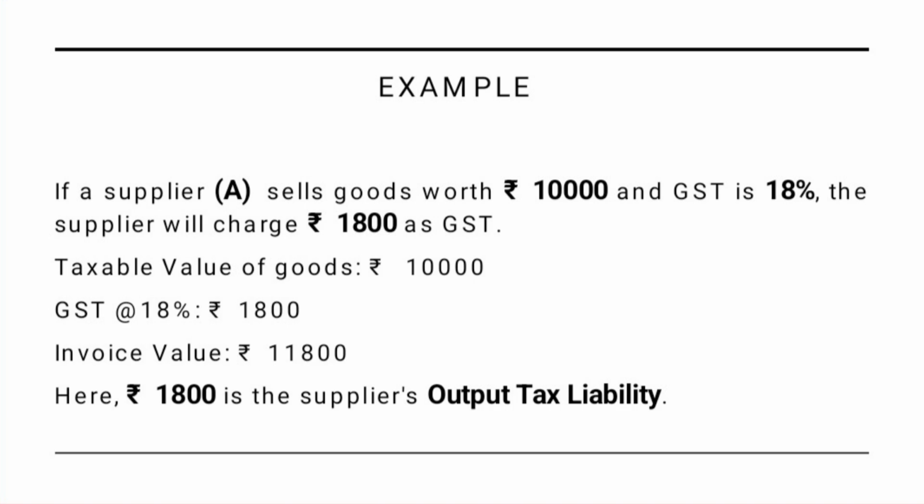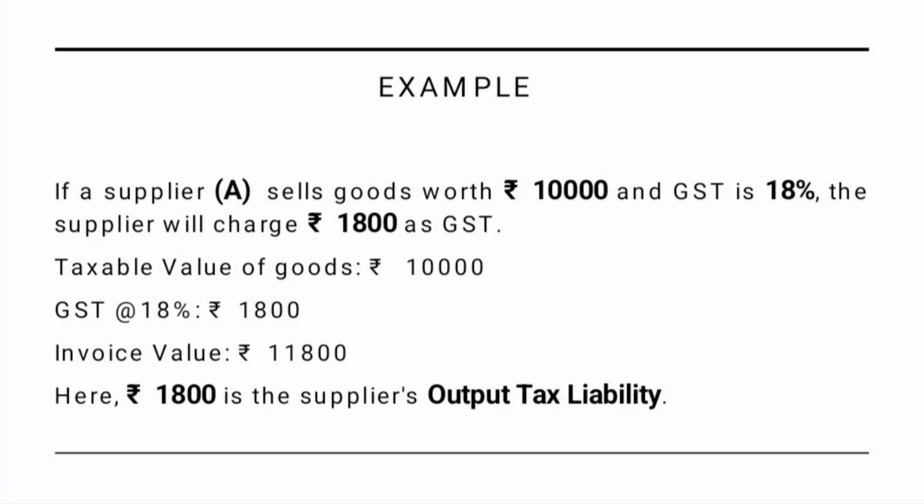Supplier A sells the goods to the recipient worth 10,000, which is the taxable value, and GST is 18%. The supplier will charge 1800 as GST.